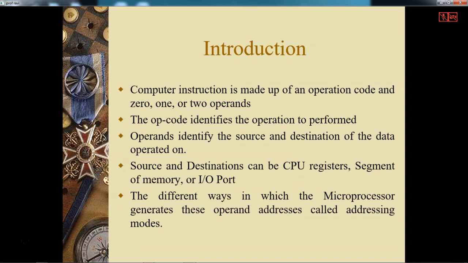The operands identify the source and destination of the data on which you have to operate. The source and destination can be CPU registers, memories, or IOs. The different ways in which the microprocessor generates these operand addresses are called addressing modes.